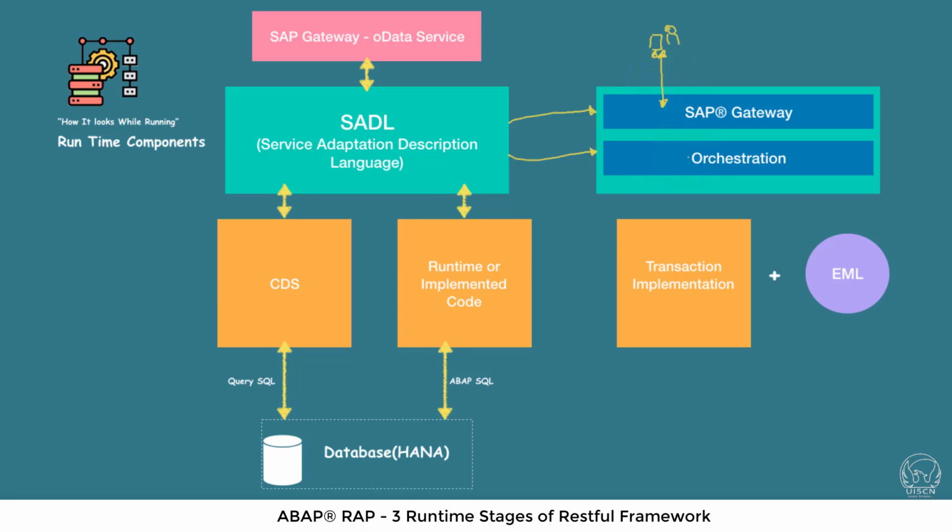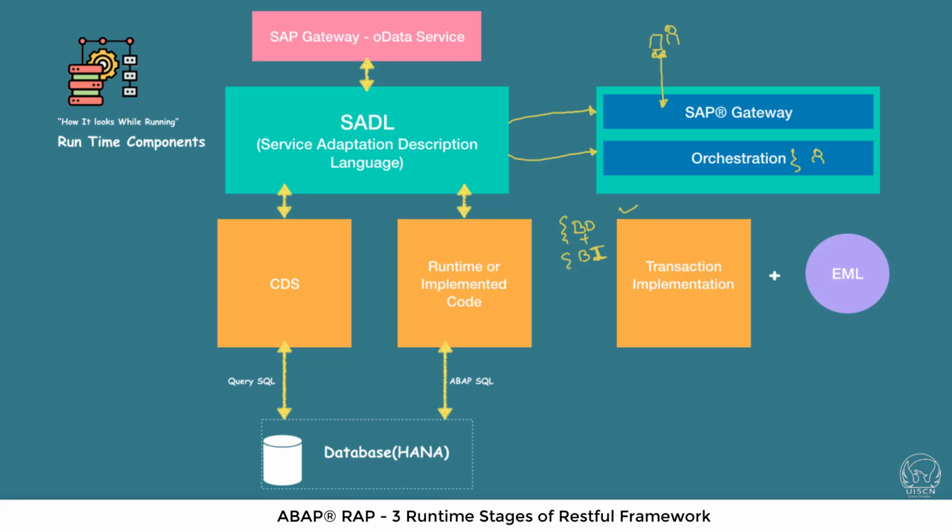That is handled by the gateway. Now, what is this orchestration framework we are talking about? As the name suggests, it acts as a manager. What does it manage? Whatever implementation code we have: the behavior definition and the behavior implementation. In the managed scenario, the behavior implementation part is all taken care of internally. The only part we actually worked on was the behavior definition.